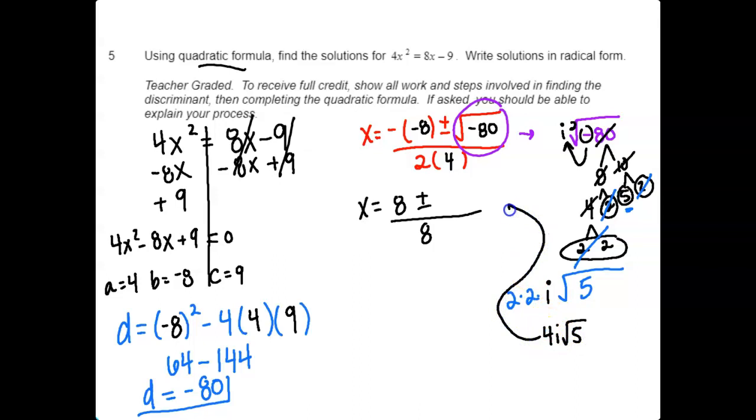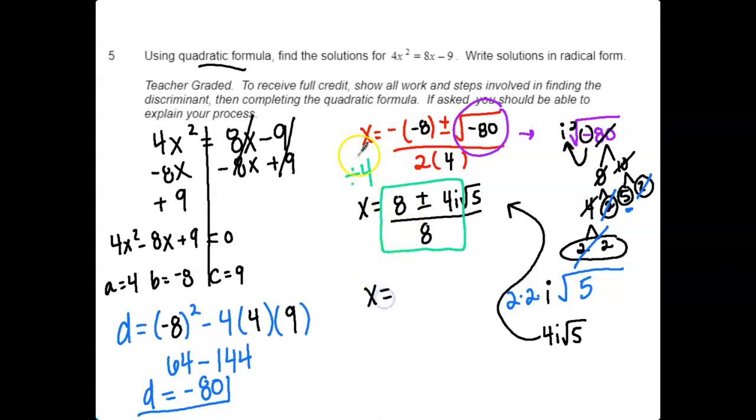And that is going back in our quadratic formula. So 4i radical 5. All right, again, we want to simplify, ignoring the radical. Is there any number in common that we can divide 8, 4, and 8 by? Yep, we can divide by 4.